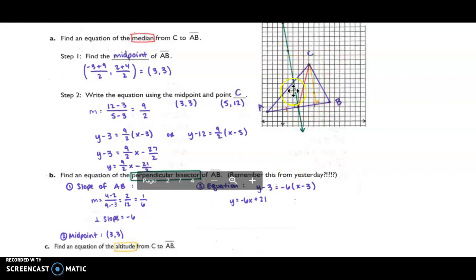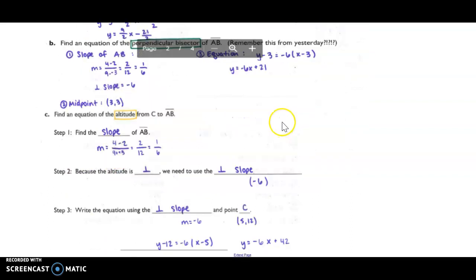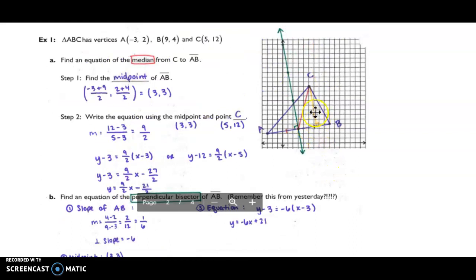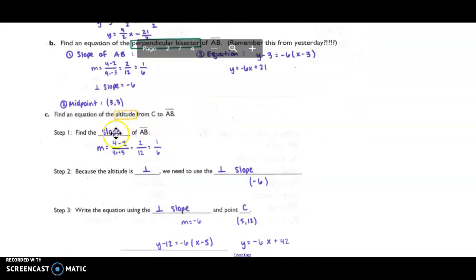It says write the equation using the perpendicular slope and point C, because there's a point here on AB, but we don't know where that is. But we do know that it runs through C, so why not use the point C, 5, 12?